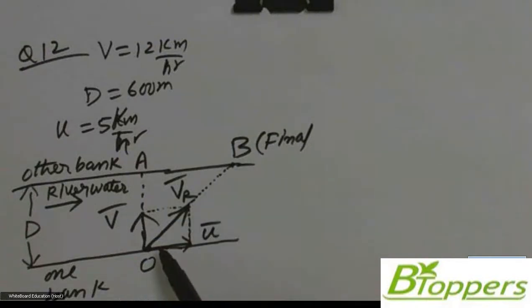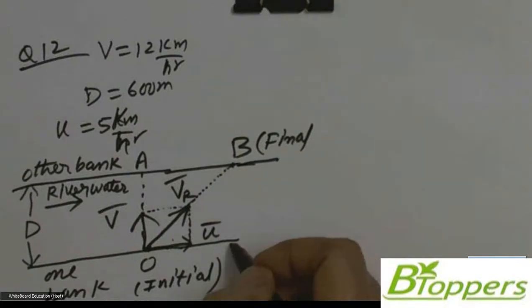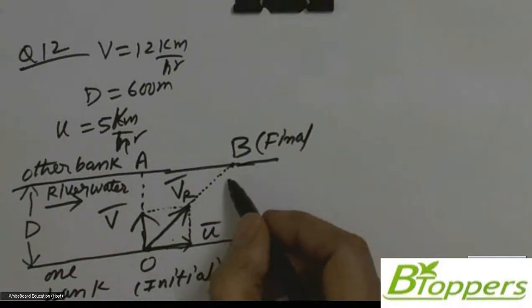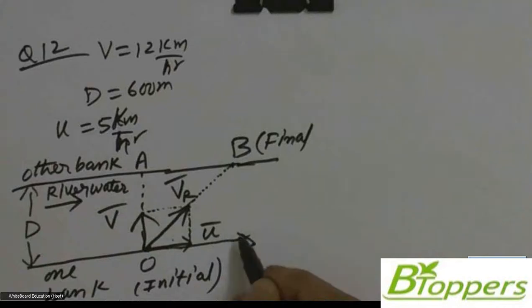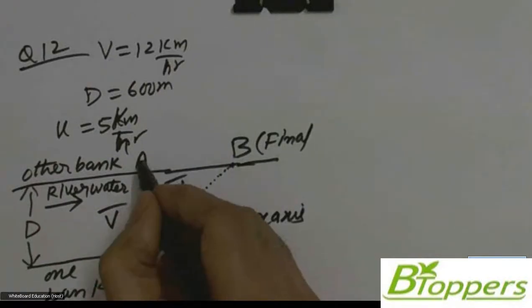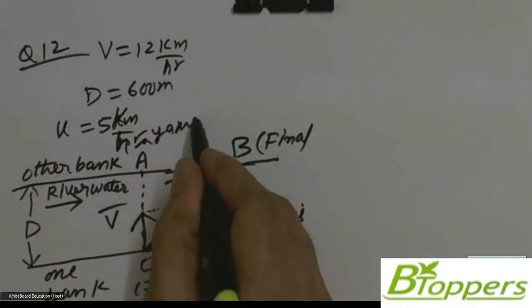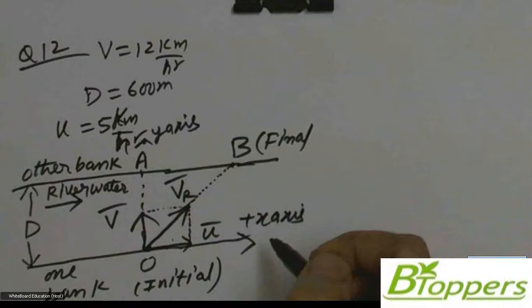So here, to find the actual distance, O is the initial position of the boat on one bank of the river. B is the final position of the boat when it just crosses and reaches the other bank. You can choose the direction of the velocity of the water as the x-axis, and the direction perpendicular to the velocity of the water as the y-axis.